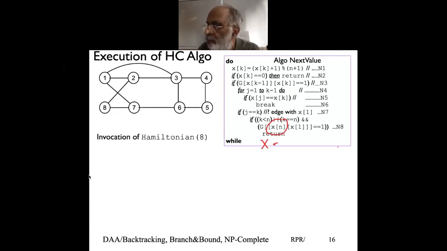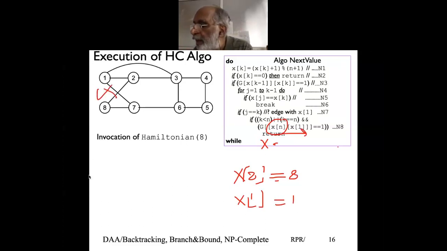My x8 would give me 8, and x1 is 1, and from 8 to 1 there is no edge. So Hamiltonian 8 would fail at this point.